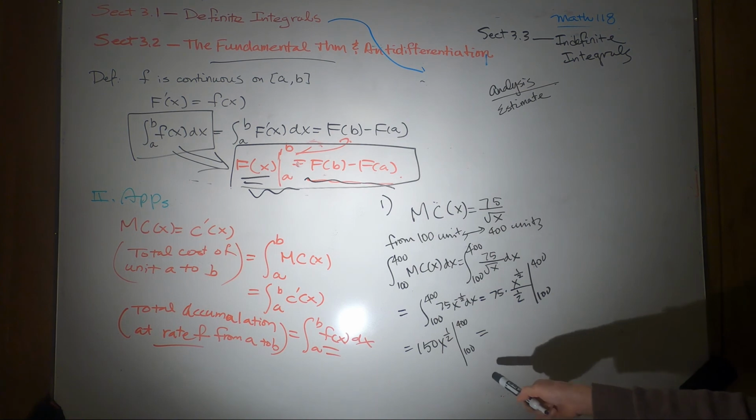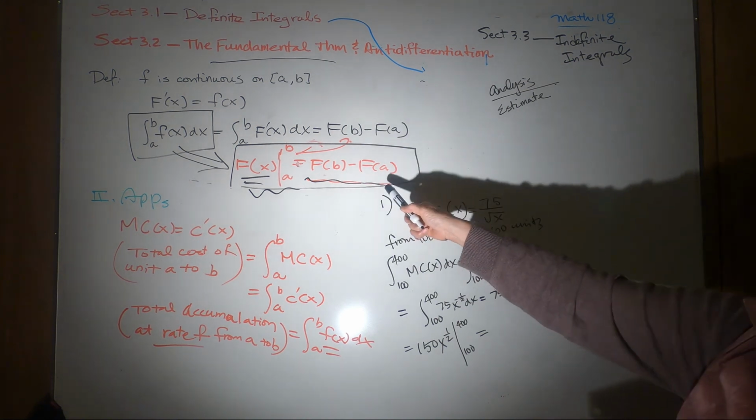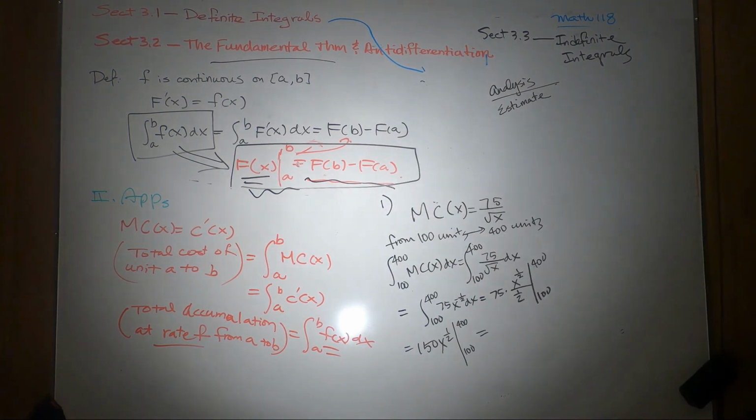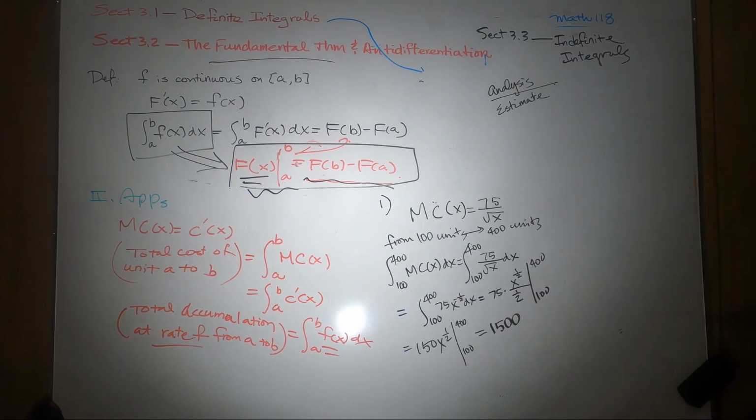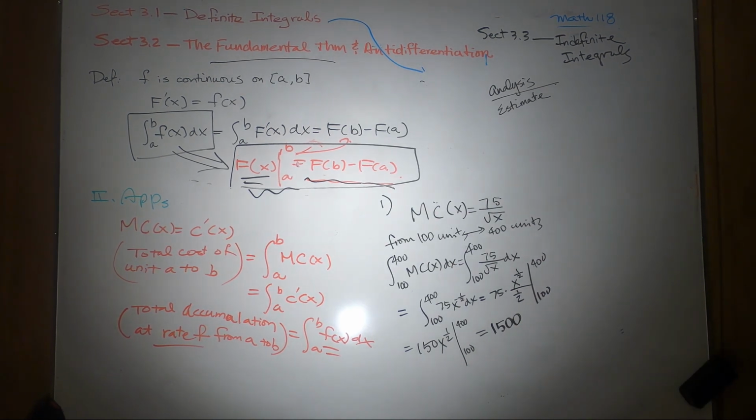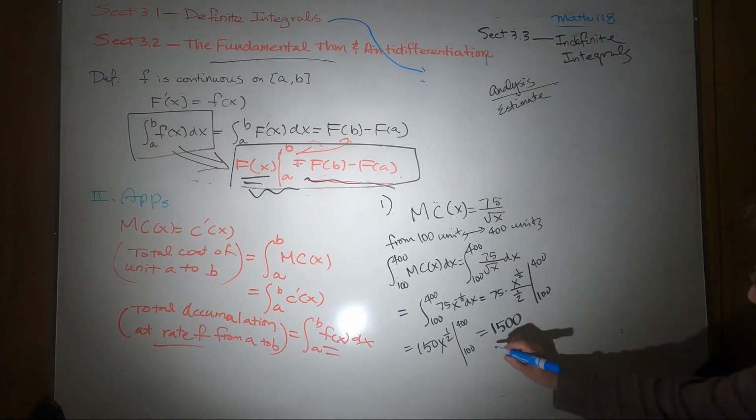Then to calculate this, we use the fundamental theorem of calculus, right? You plug in the number, so it ends up what? 1500. So what is this one? It's saying 1500. What does it mean? It means what?